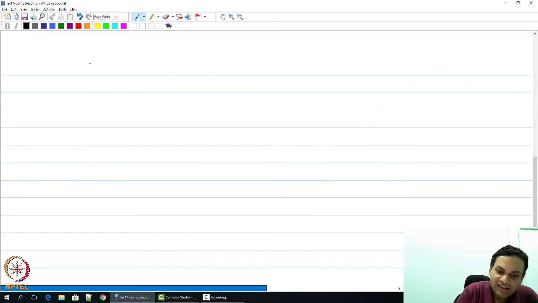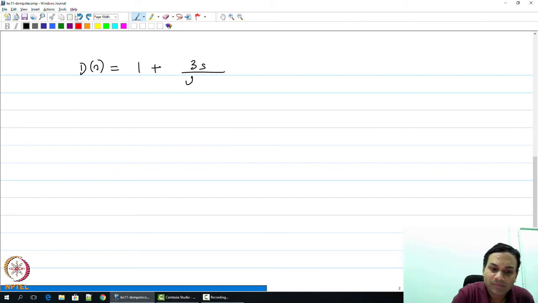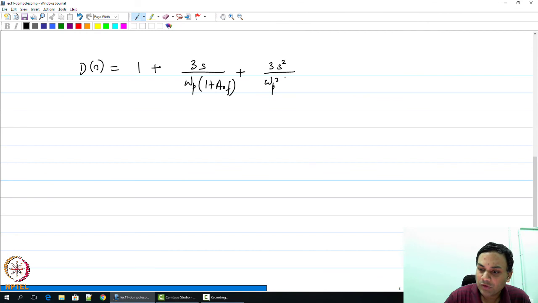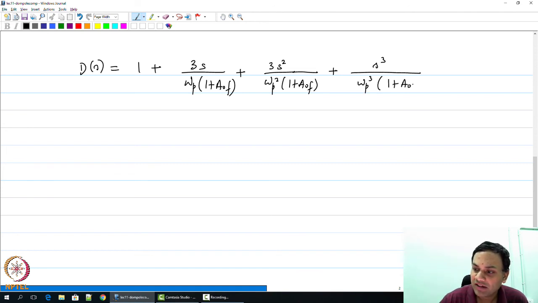So now the expanded expression for d of s is 1 plus 3s by omega p into 1 plus A naught f plus 3s squared by omega p squared into 1 plus A naught f plus s cubed by omega p cubed into 1 plus A naught f, and I'm going to set that to 0 to find out its roots.